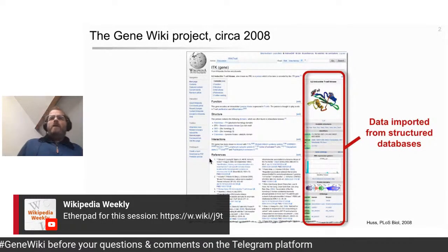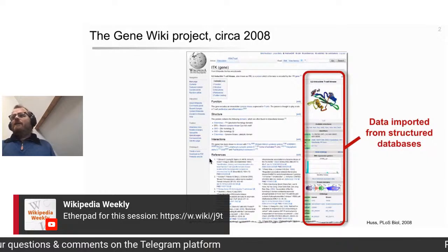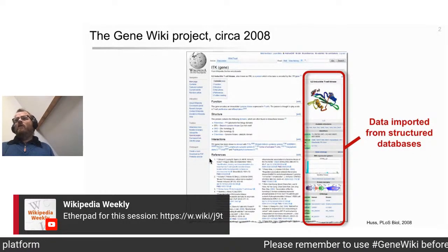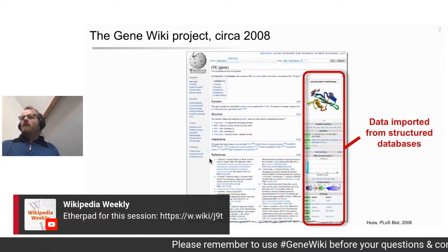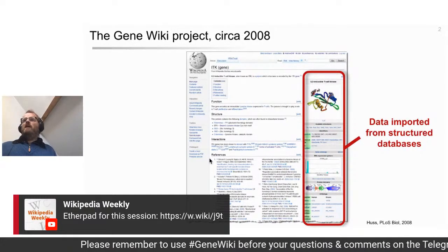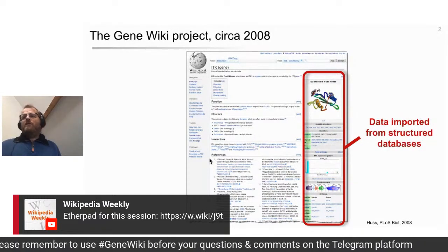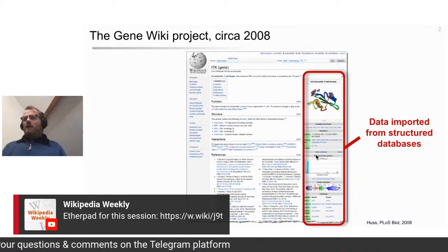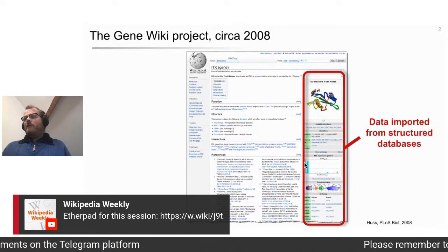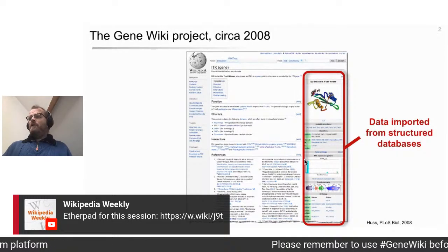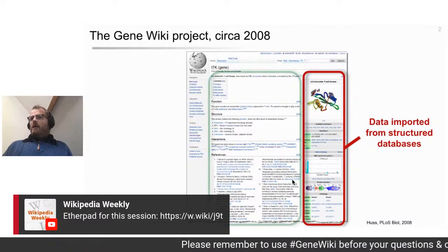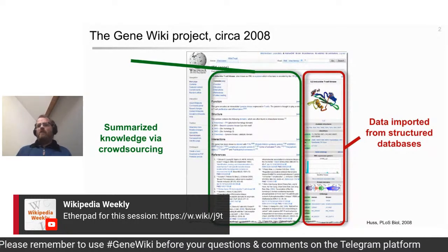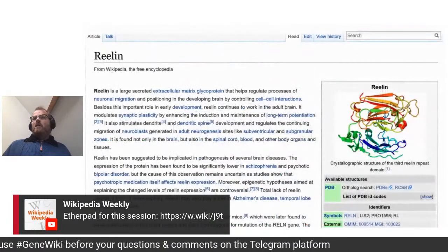A bot was developed that also involved adding structured data to a Wikipedia article in the info boxes on a Wikipedia page, where you would create links to external databases and summarize knowledge from crowdsourcing, having references.